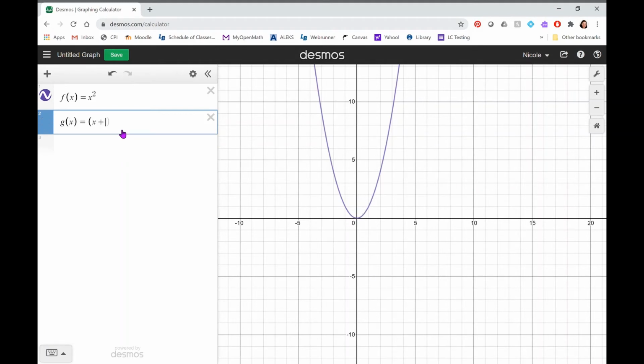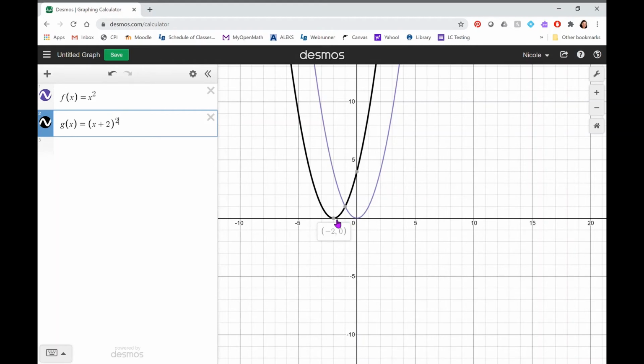Parentheses, x plus 2. Now I do my shift 6 for my caret, squared. All right, what happened here? Well, the purple is our original graph of x squared, and the black is our graph of (x plus 2) squared. And you can see that it shifted to the left horizontally.